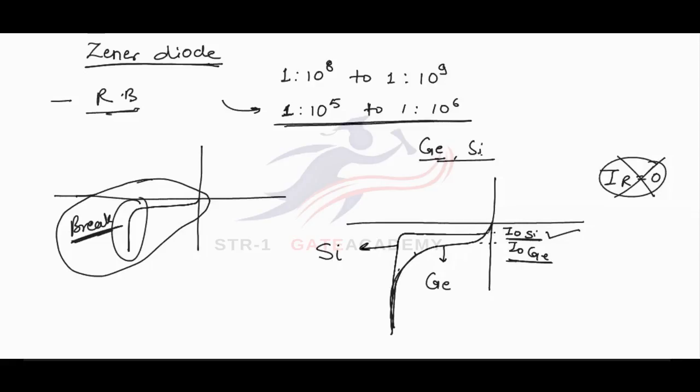And another one is that in germanium diode, the increase in current, this is current axis and this is voltage axis, the increase in current is increasing in this particular part. This increase in current is gradual.